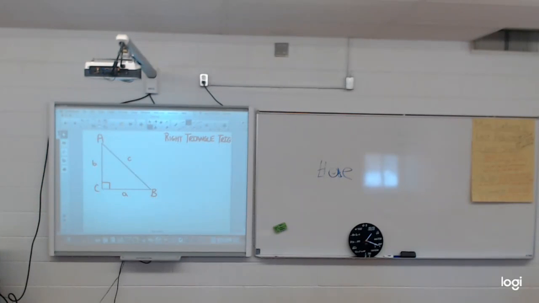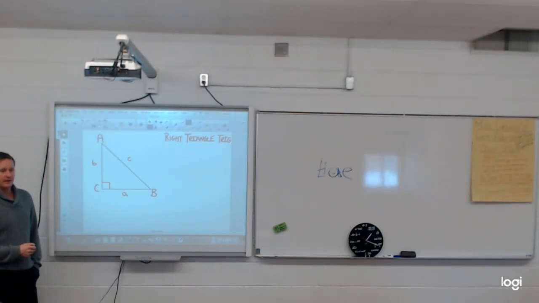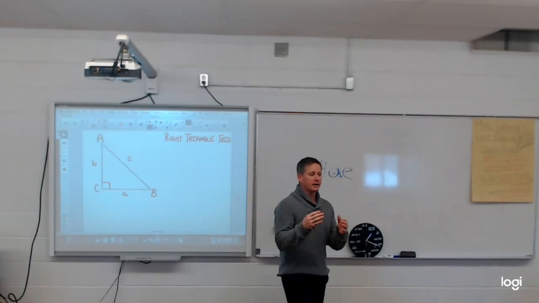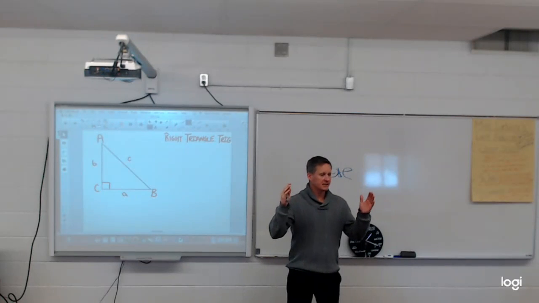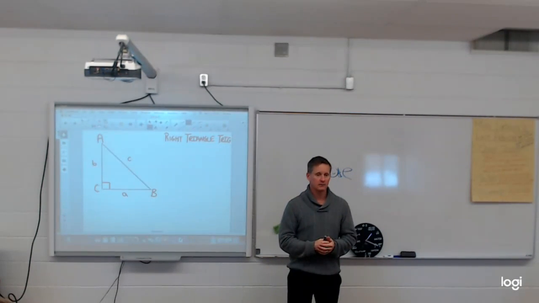I've also labeled one special angle in there. Which angle did I label as special? The 90-degree angle. That's the right angle, and that is angle C in this case. Now, one thing you need to know about triangles is that the longest side will always be across from the largest angle.